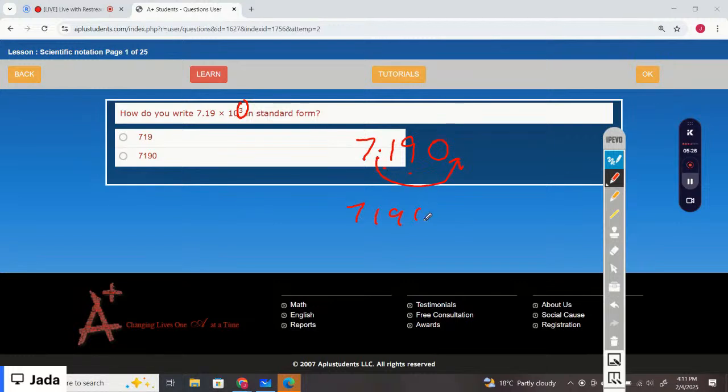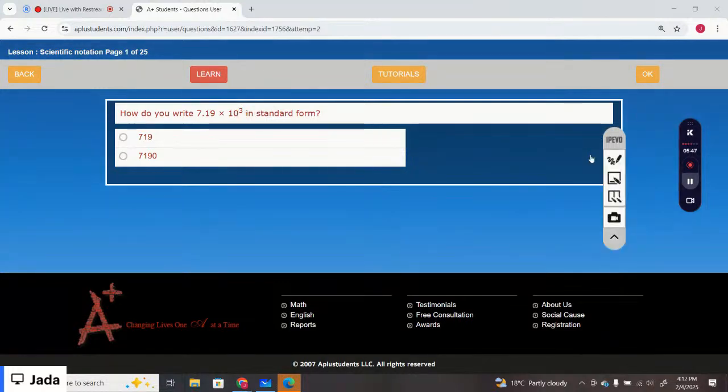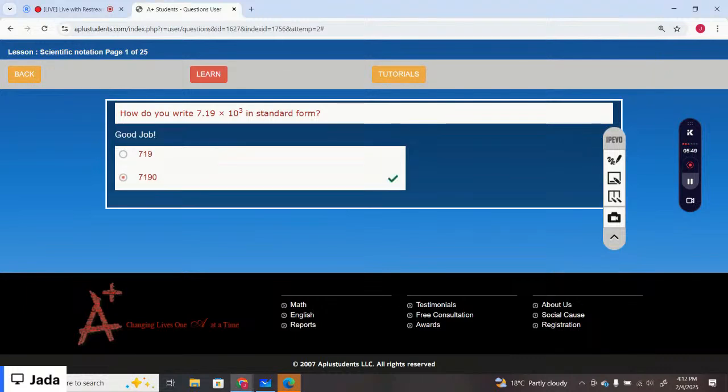That is 7190.0, or you can write 7190. Got it? Option number 2 is the correct option. You can write it in standard form as 7190.